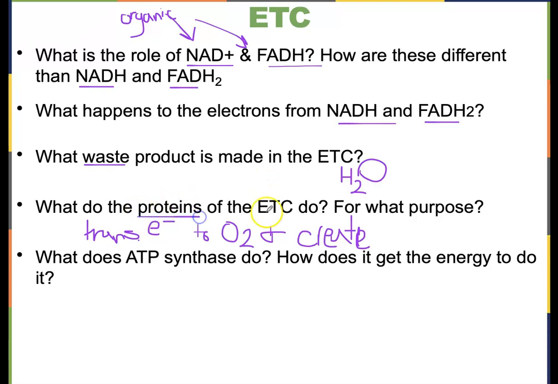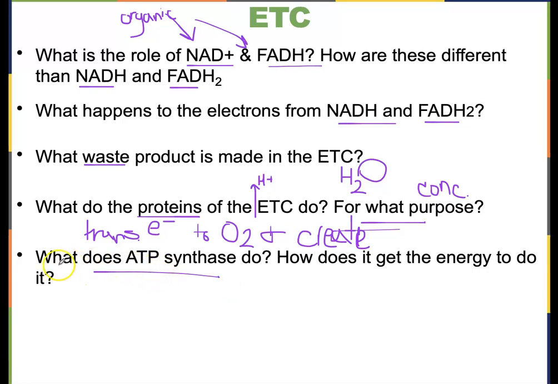Those proteins really shoot those hydrogen ions across the membrane, and they make that gradient. For what purpose? The purpose of pushing those hydrogen ions across the membrane is to make a concentration gradient. Why do we need that concentration gradient? Because that's what ATP synthase requires. It needs that gradient so that hydrogen ions diffuse down it, and it makes ATP.